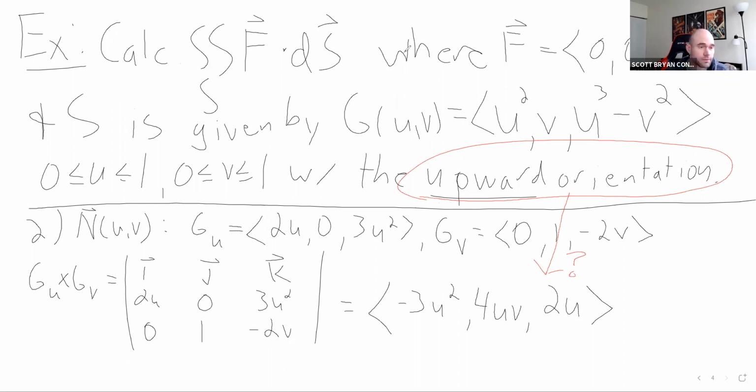If we look at this vector, is it pointing upward? In other words, to know whether we're pointing upward, we look at the z component. Is the z component, so let me just say this, upwards means z component is positive.